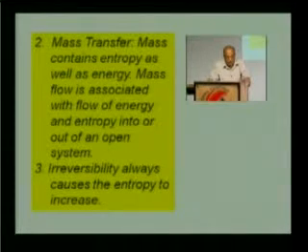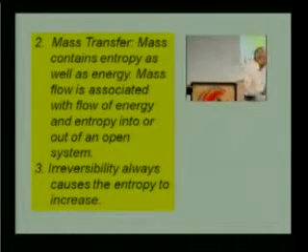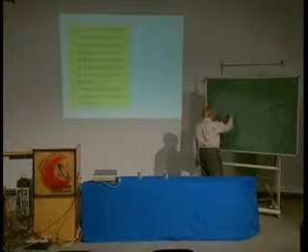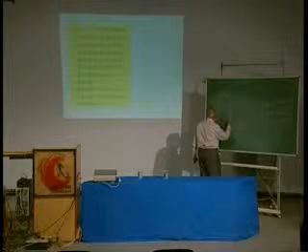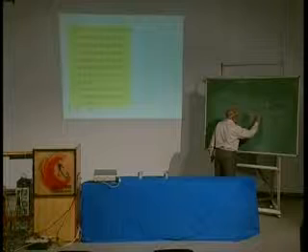Then mass transfer contains entropy as well as energy. Mass flow is associated with flow of energy and entropy into and out of the system. Suppose there is a system here, certain quantity of mass enters and certain quantity of mass leaves the system.